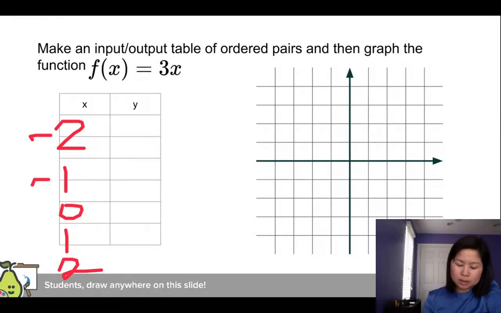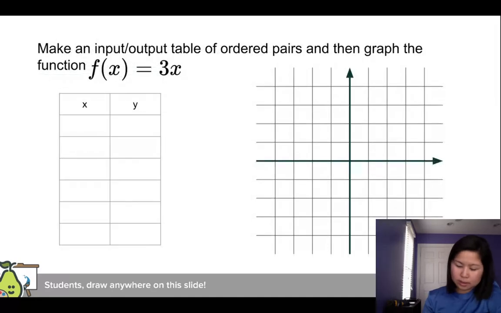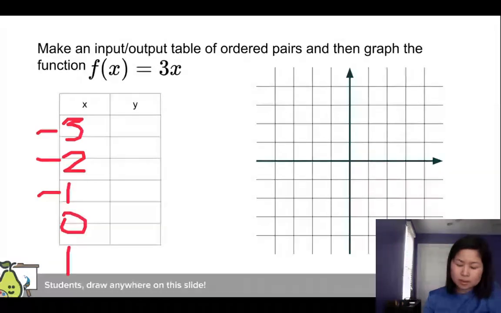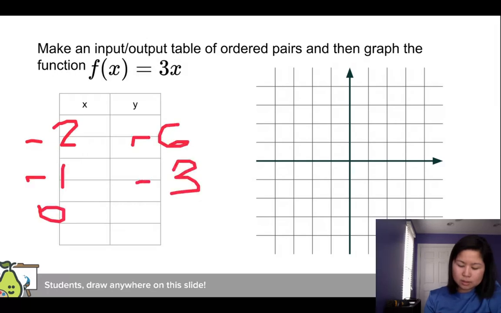Negative 3 gives you negative 9, negative 2 gives you negative 6, negative 1 gives you negative 3, 0 gives you 0, 1 gives you 3.